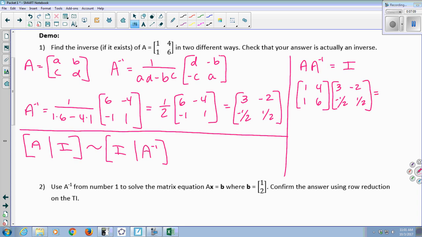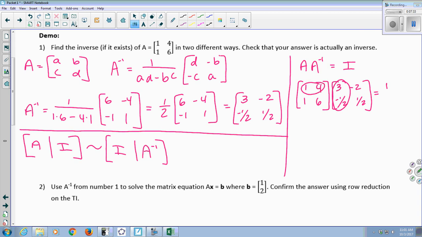And I should get the identity. So 1 times 3 plus 4 times -1/2. Sorry, that's 3 minus 2, which is 1.